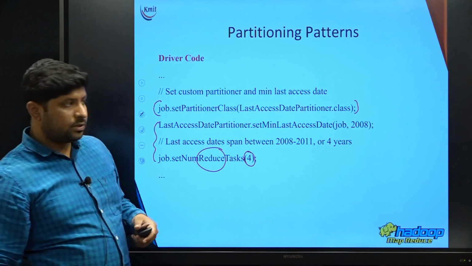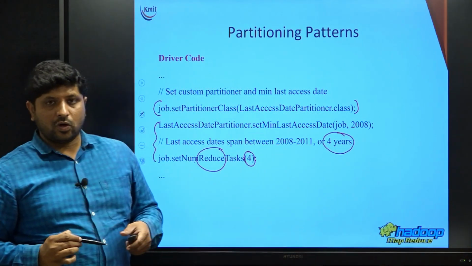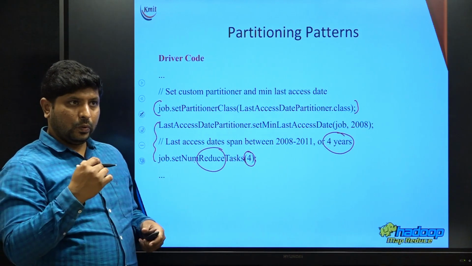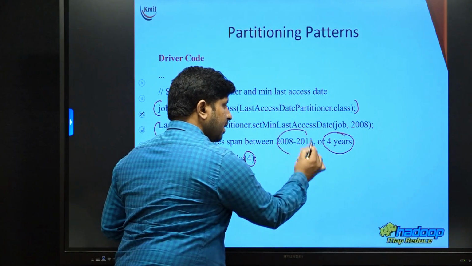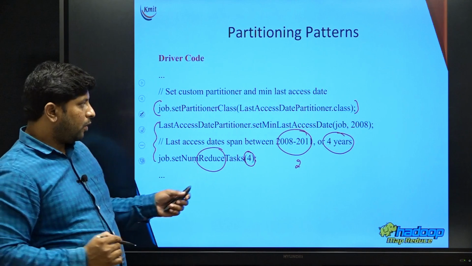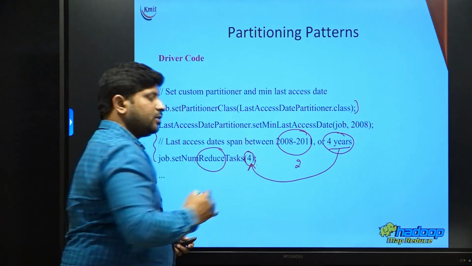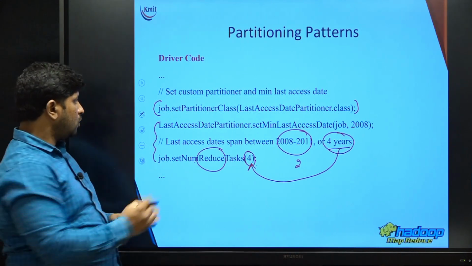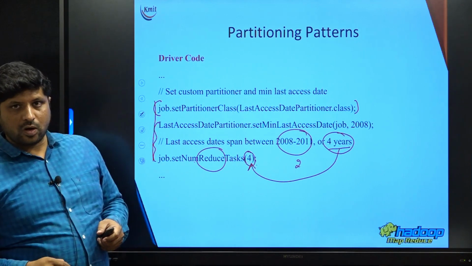Why 4? Because over here we are applying logic that we want to know the years between 2008 to 11. 8, 9, 10, 11. So we are going to have 4 years. So we want 4 reducer tasks to be working. These are the lines which are different from our boilerplate code of the driver class.